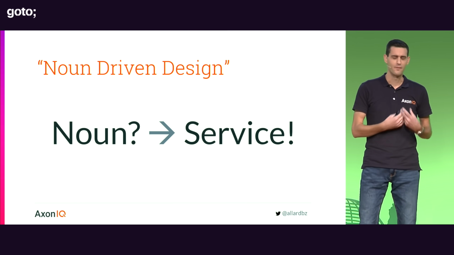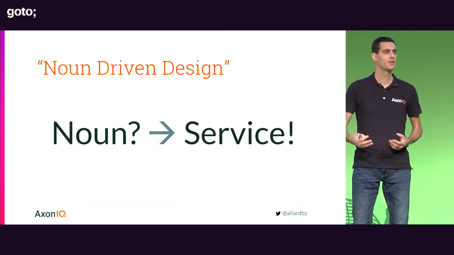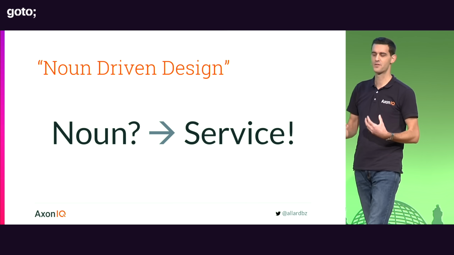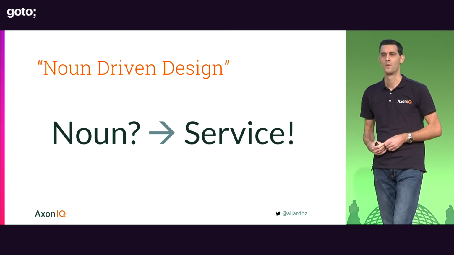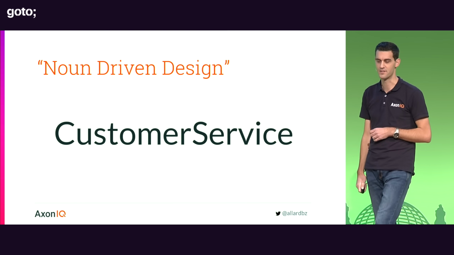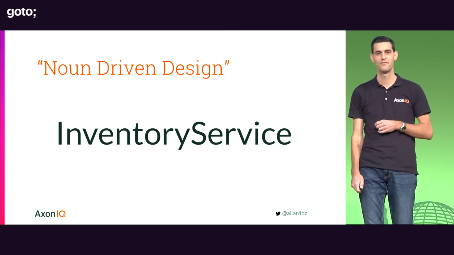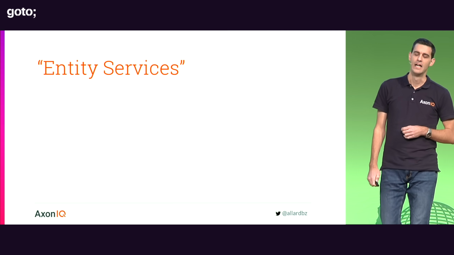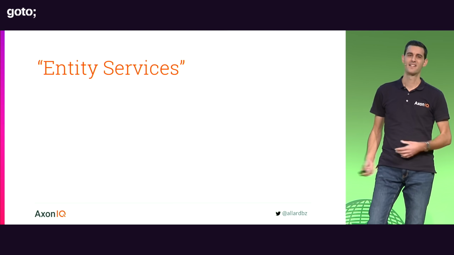And of course, that's not the way you want to build them, but if you look in practice, when microservices are built from scratch, we do see that they end up like that quite often. So you end up with an order service, and a customer service, and a product service, an inventory service. The formal name for this is entity services.